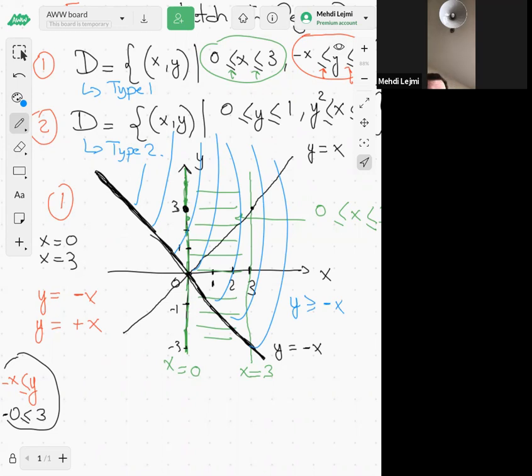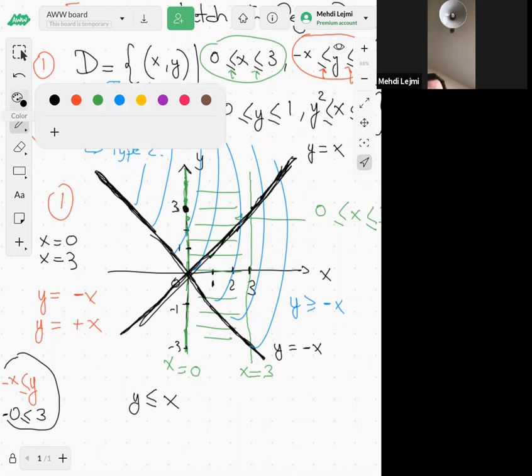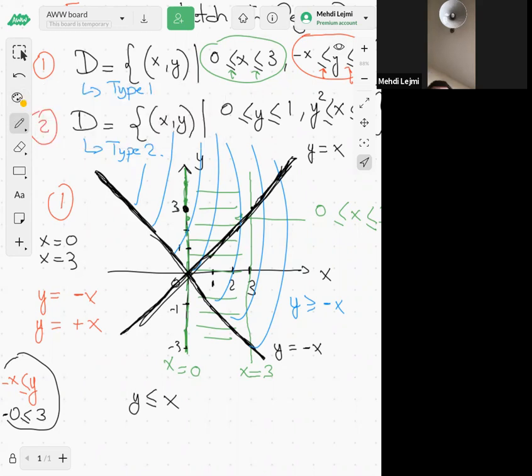Now there's another inequality: y is less than x. This diagonal here is y equal to x. Y less than x would be either the left side of y equals to x or the right side. Again, all you have to do is take a point.